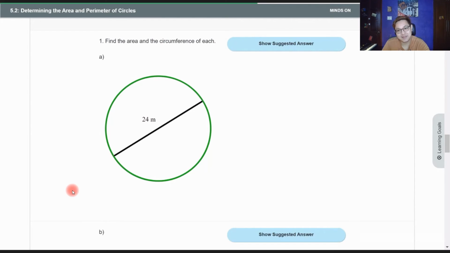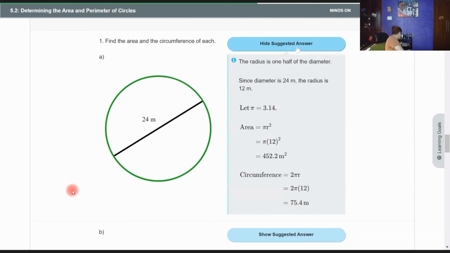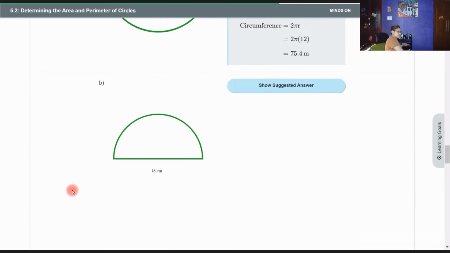Should be easy because you have the formula. And the circumference is 75.4. Then check the answer for it, is it correct or not? Okay, move on to B.